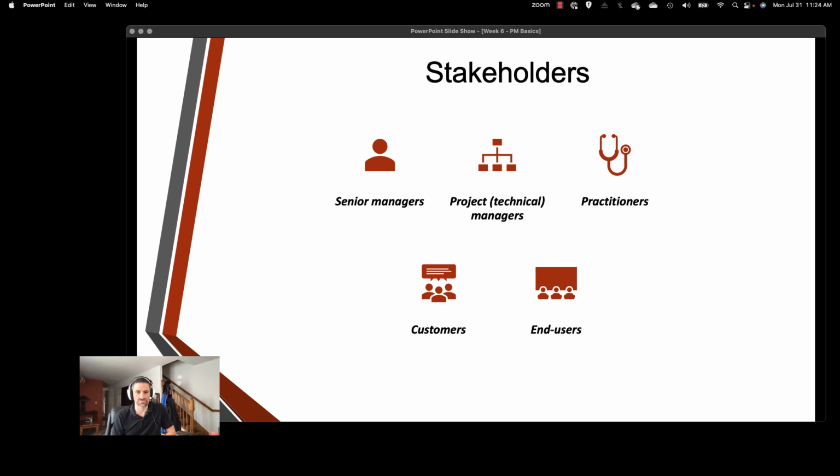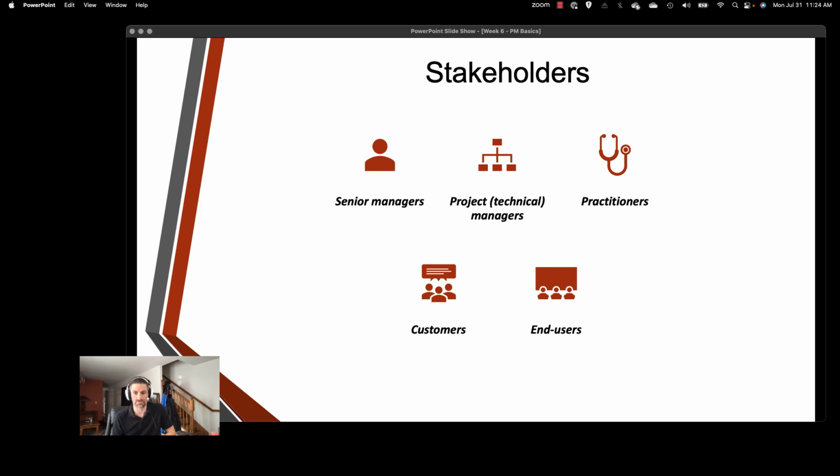So some examples of these would be senior managers who define the business issues and have significant influence on the project, or technical managers who have to plan, motivate, organize, and control the practitioners. You have the practitioners who are actually delivering the technical skills that are necessary for engineering the project.